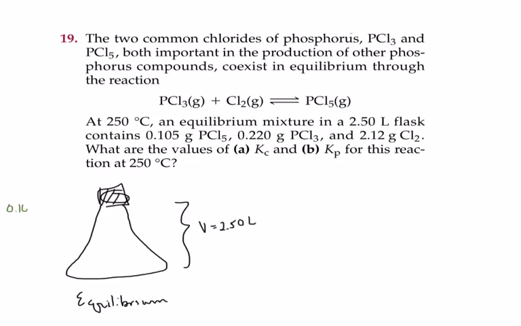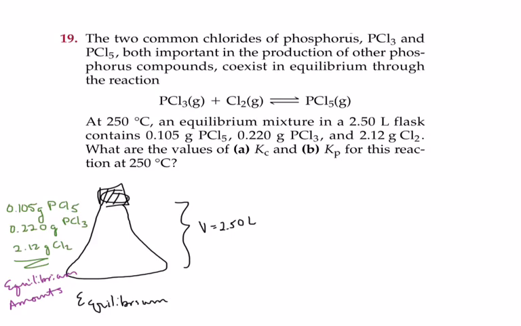And last but not least, oh, okay. So this is kind of like that Haber process ammonia one that we did, that N2 plus 3H2 goes to form 2NH3. But the equilibrium concentrations are not given in moles per liter, they're given in grams.